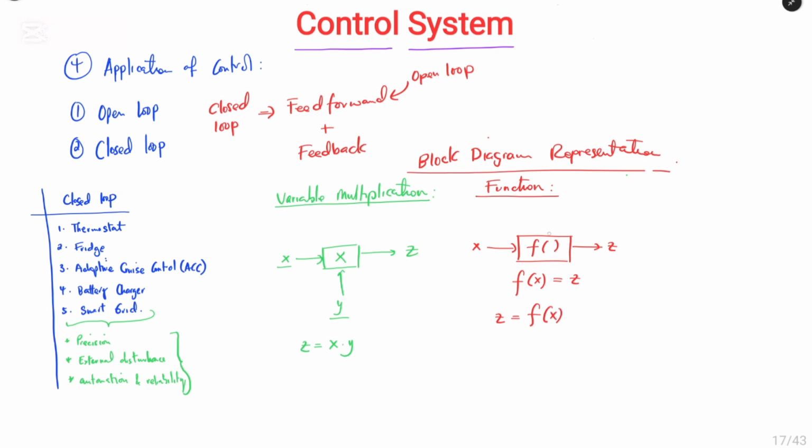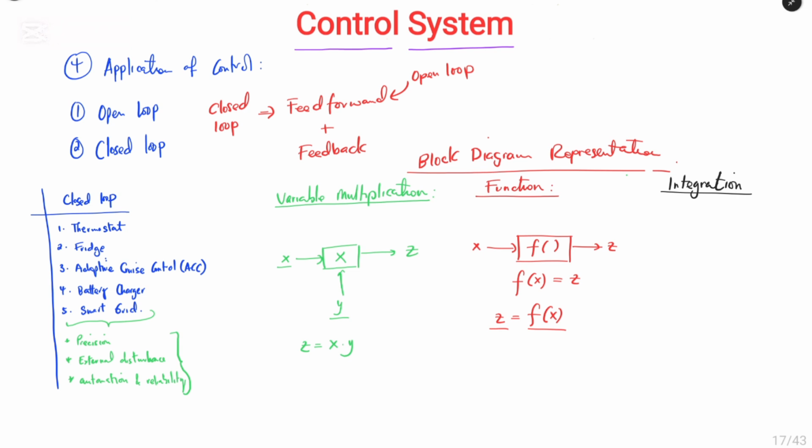Depending on whatever function is embedded in this system, the response of the system becomes the function. We have different functions in mathematics, and if such a function is applied to the input, it will produce the response, which is z. This leads us to a good example of a function which we know as integration.